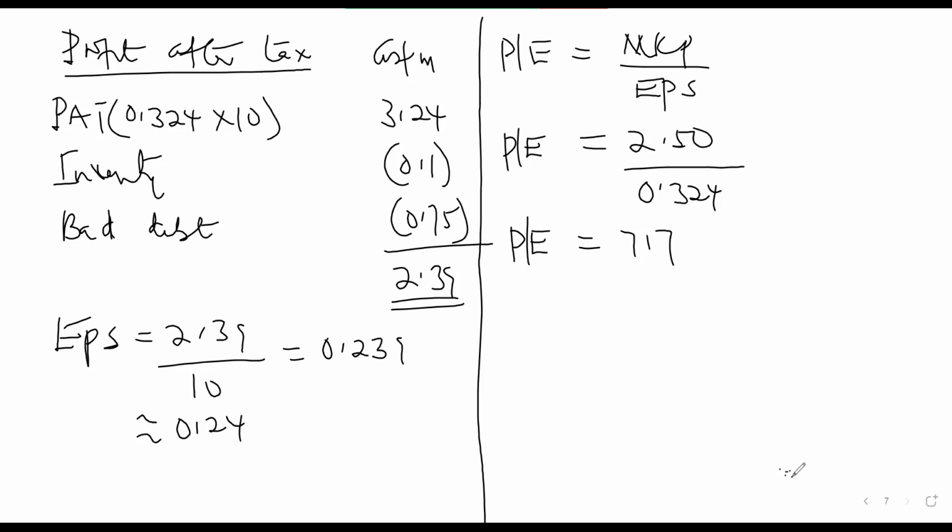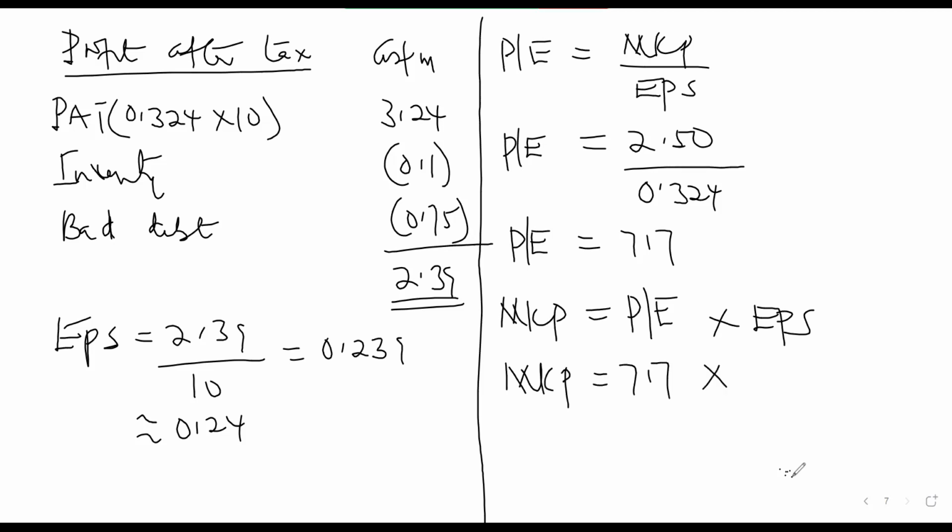Yes, 7.7. So our market price under the price earning ratio is the price earning ratio multiplied by the earnings per share. The earnings per share we use now is the adjusted one. So we have 7.7 multiplied by 0.239.